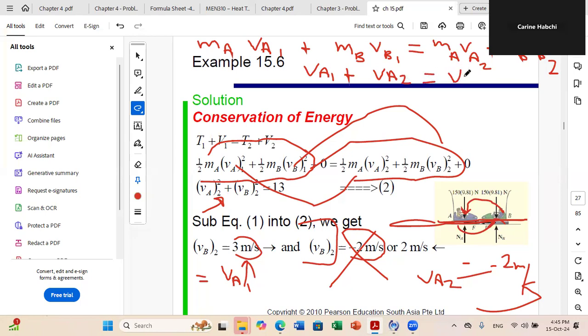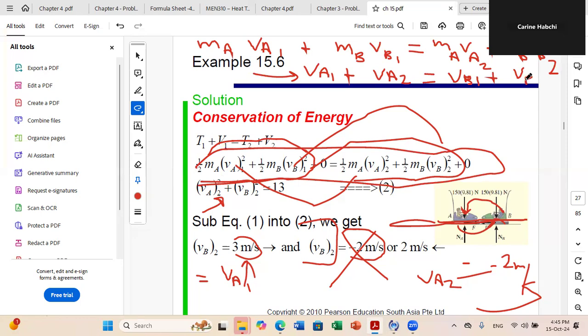Instead of dealing with a complex second degree equation, you replace it by a linear equation. So even with non-equal masses, you can replace it directly by this equation.